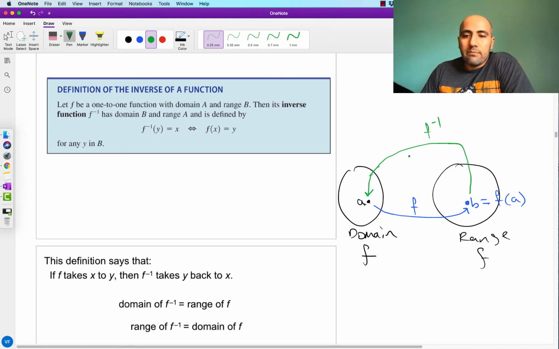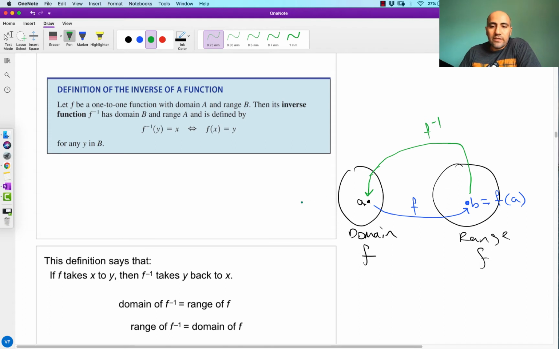So when we plug b into this function, we should get that f inverse of b is equal to a. Right? So bringing those together, we have that f of a equals b, and then it must be the case that f inverse of b equals a.